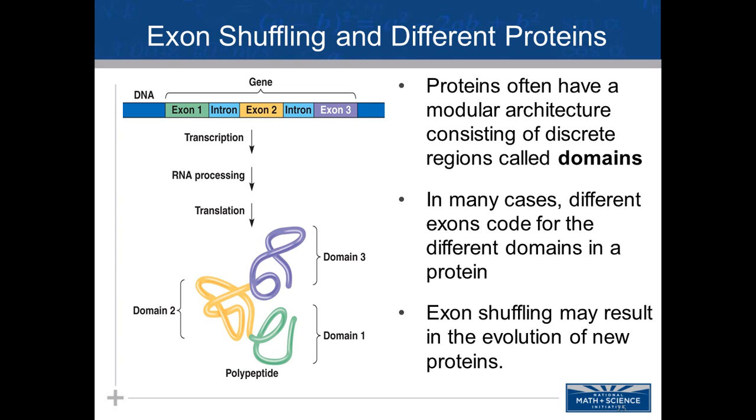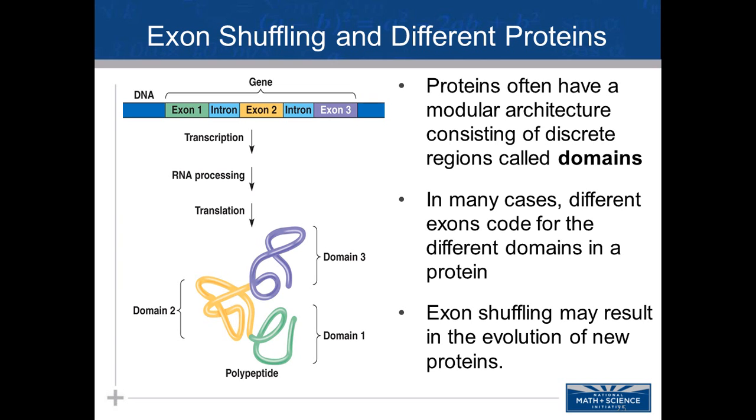So one other thing I want you to look at that will produce different kinds of proteins has to do with the DNA gene itself as opposed to alternative splicing of the messenger RNA. Proteins often have what we call a modular architecture consisting of discrete regions called domains. And in many cases, different exons will code for different domains in a region.